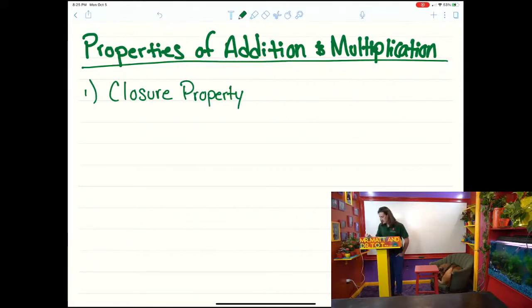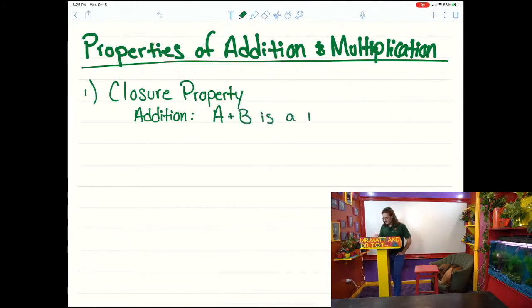And this is the only property which comes in the form of a sentence. Everything else is much more mathy, or I should say, mathematical statements, not sentences. But again, these are foundational definitions. The closure property of multiplication says basically the same thing, but now we're multiplying: A times B is a real number.